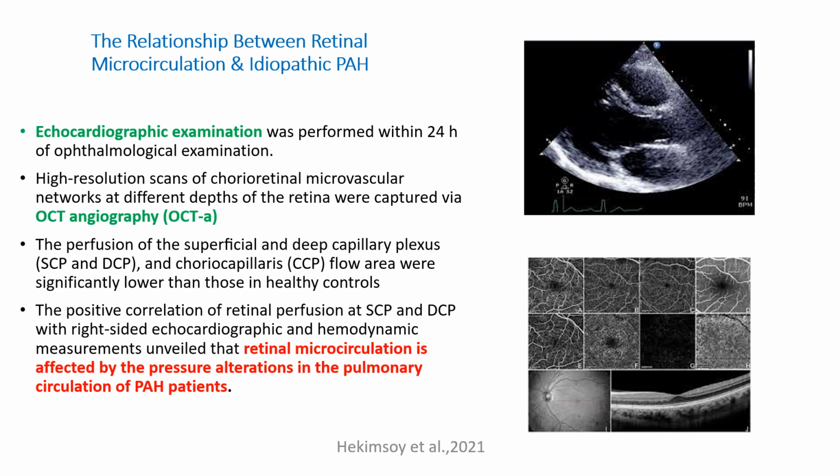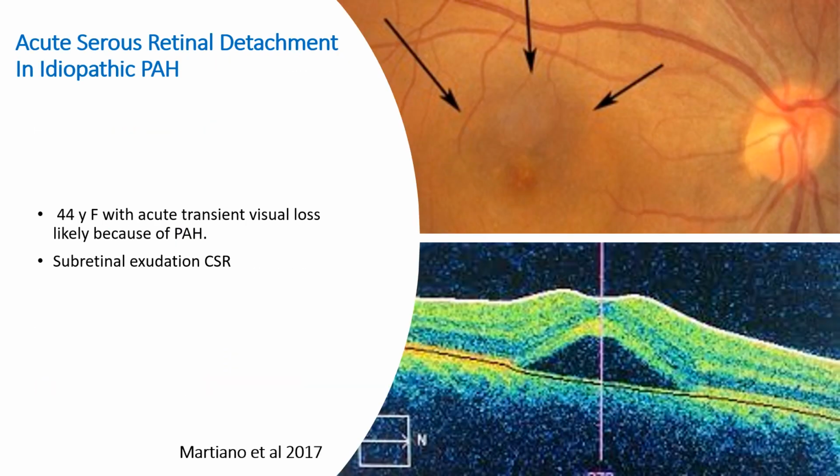The perfusion of the superficial and deep capillary plexus and the choriocapillaris plexus flow area were significantly found to be lower than in healthy controls. This positive correlation of retinal perfusion in these capillary plexuses with right-sided echocardiography and hemodynamic measurements unveiled that retinal microcirculation is affected by the pressure alteration in the pulmonary circulation of the PH patients.